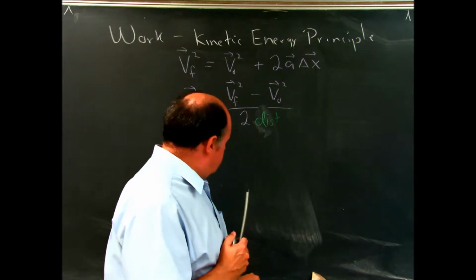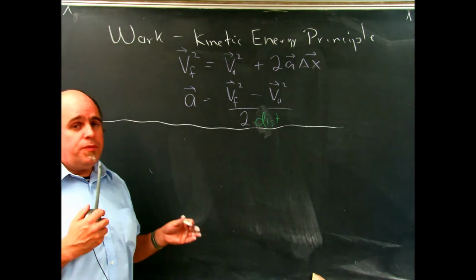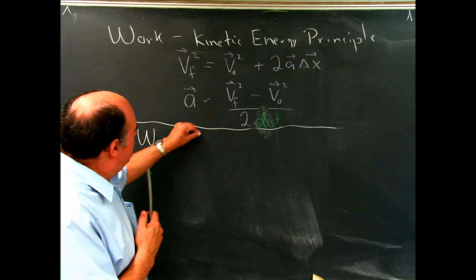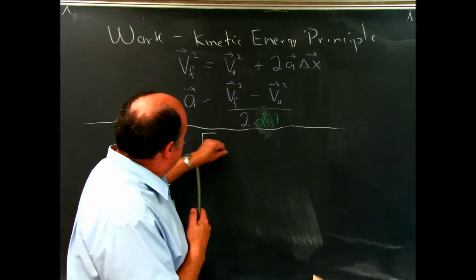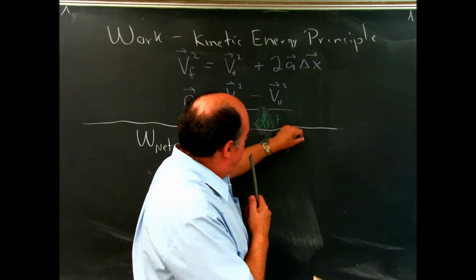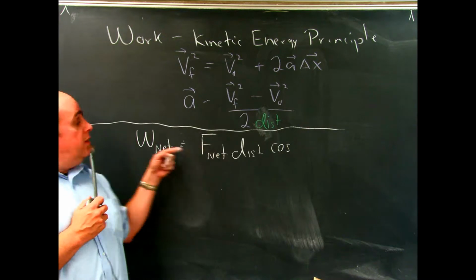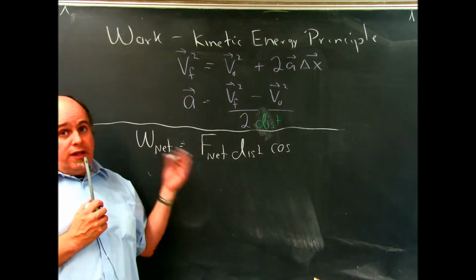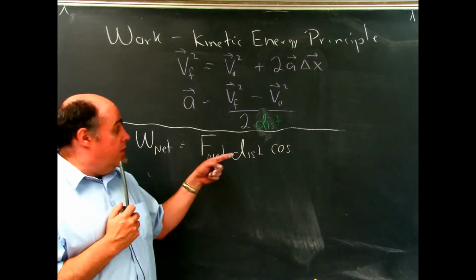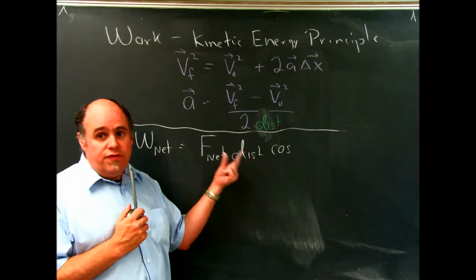Now, in the previous video, I was showing you how to get the work, and so the net work is defined as the net force times a distance times the cosine of an angle, and whichever way the net force is pointing, the net work will be going in the exact same direction. So whenever we know which way the net force is pointing, the object moves in the direction of the net force.